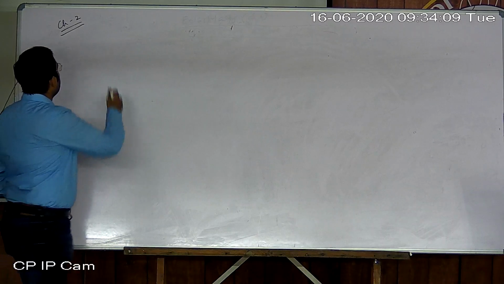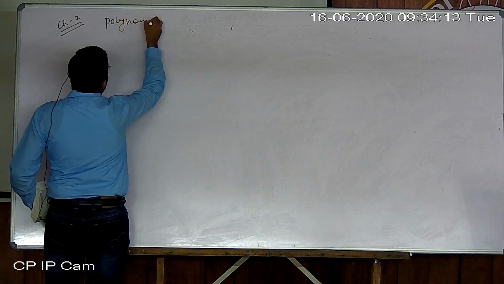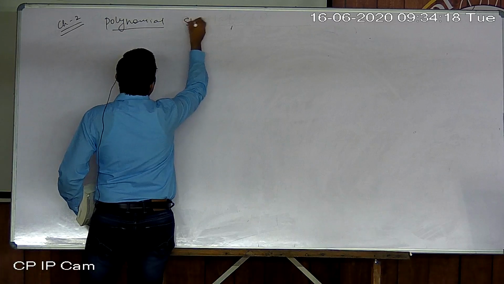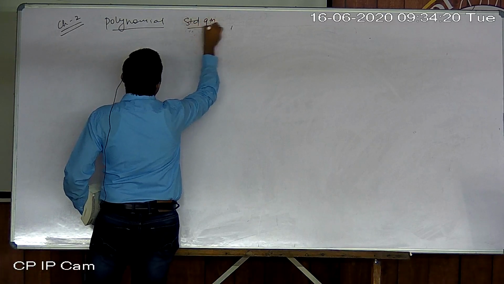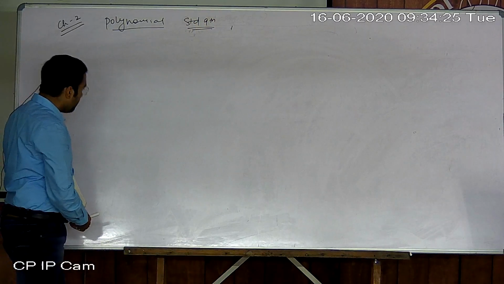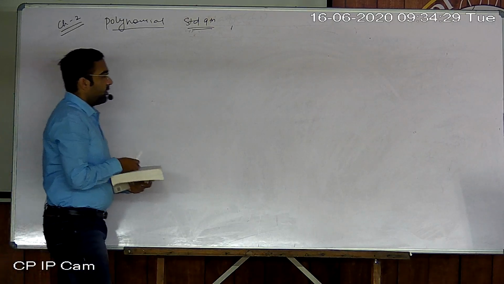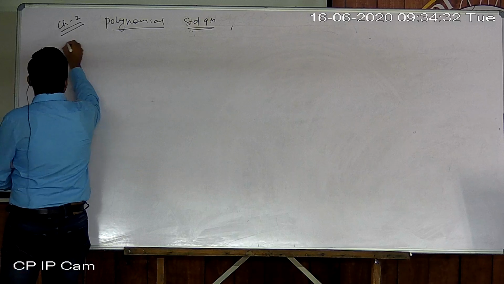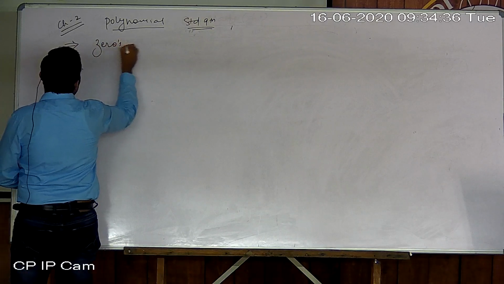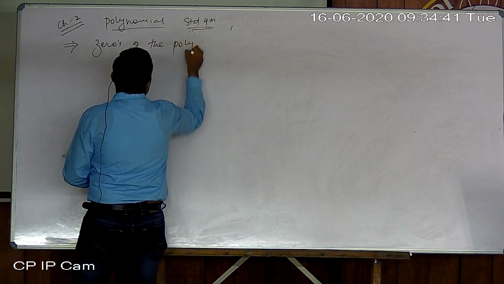So here is chapter 2, Polynomials, for the standard 9th. Okay, so we are moving on that previous topic, that is zeros of the polynomial.